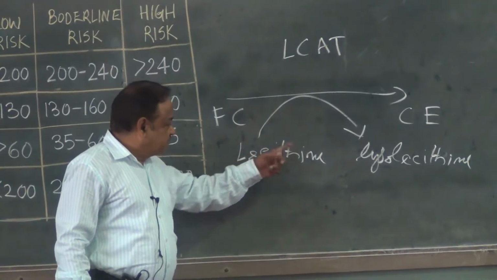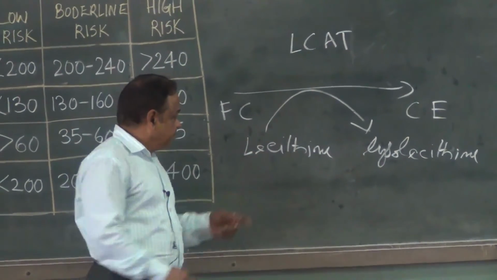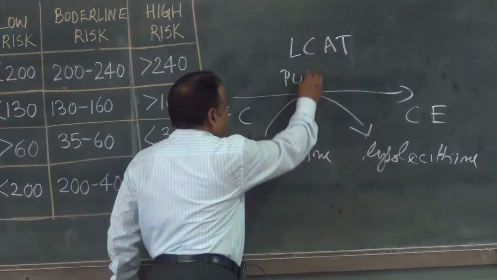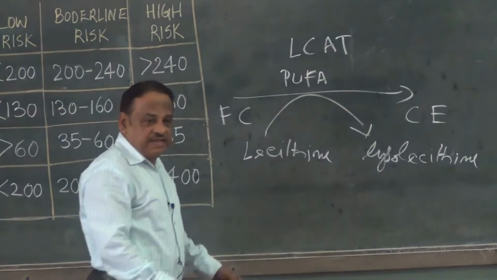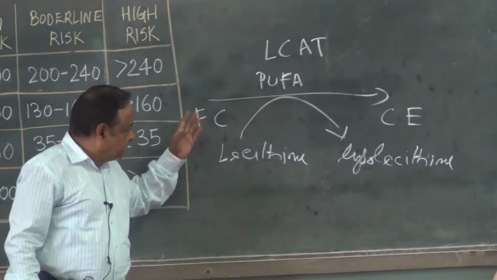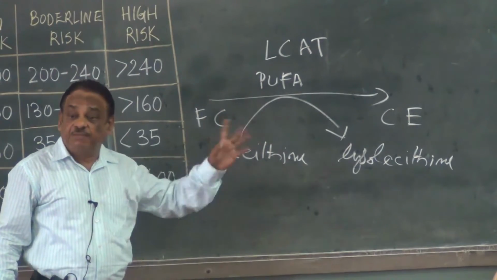So the lecithin contains fatty acid, and mainly this type of fatty acid is PUFA, a polyunsaturated fatty acid. The fatty acid that is transferred from lecithin to the free cholesterol is a PUFA.